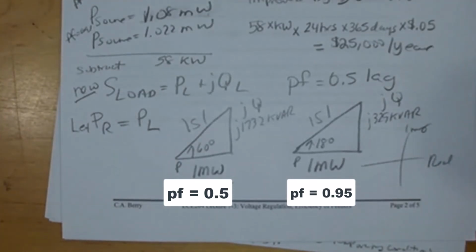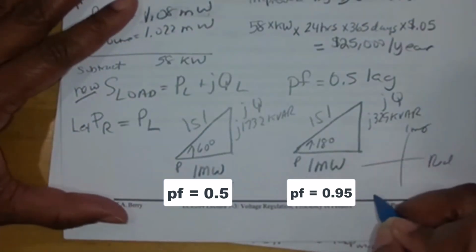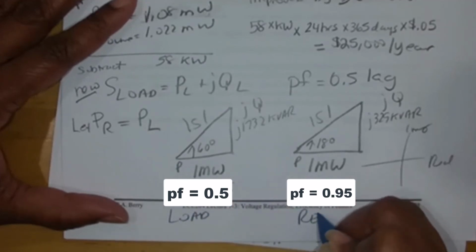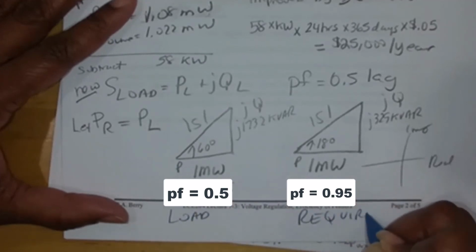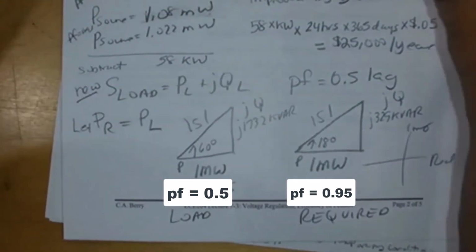So the difference between those two vertical numbers is what our capacitor bank has to give us. The difference between what we need and what we have is what we need the capacitor bank to do. So if we call this the current load, and this is what we need, the required, the difference between those two values is the capacitor bank.